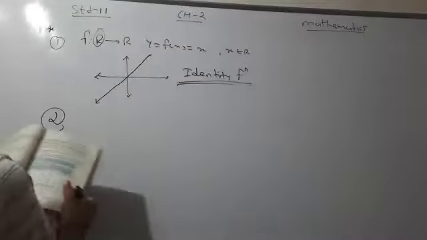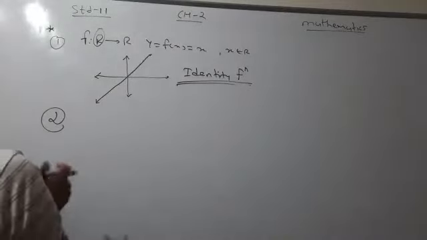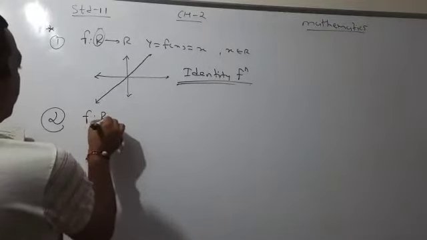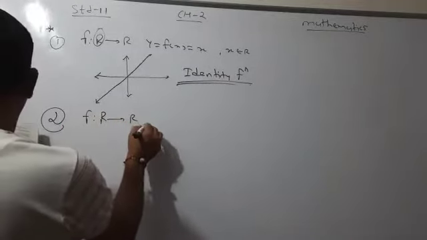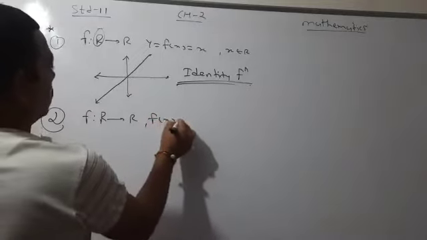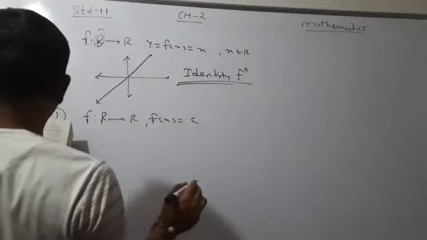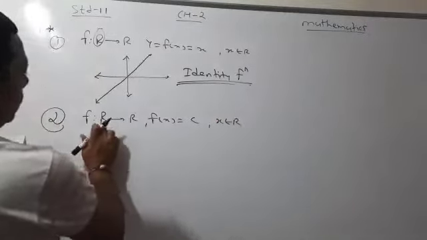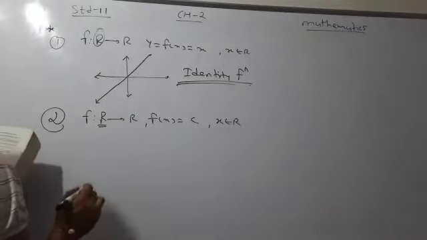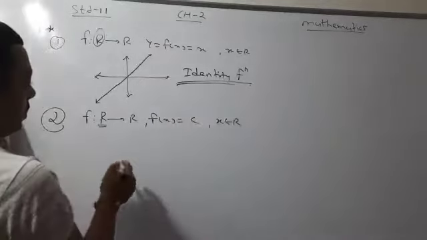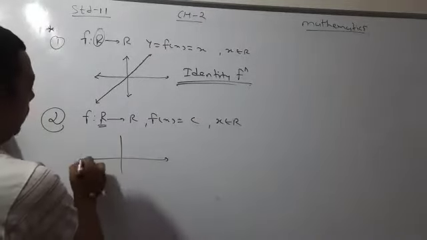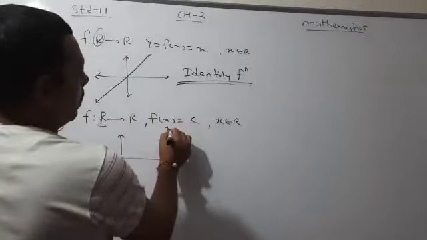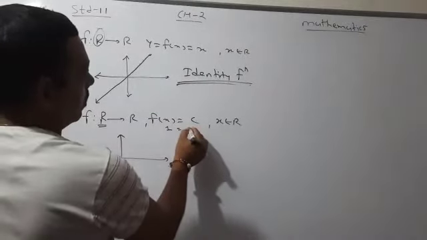Now the second function is constant function. Again the function f from R to R, where f(x) is equal to a fixed value c, always, x belongs to domain, this one. Okay. Now c means constant number. So every time, if I put 1, my answer is constant, say c.